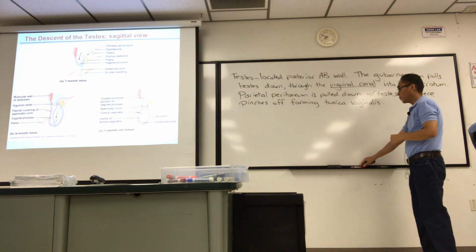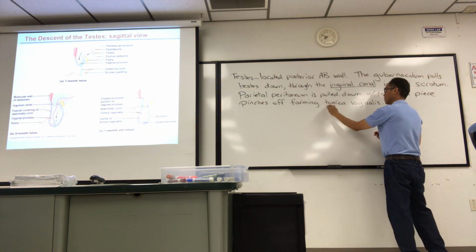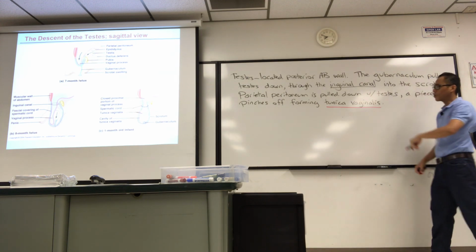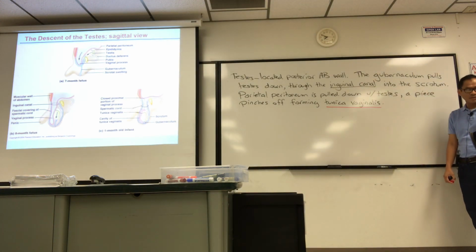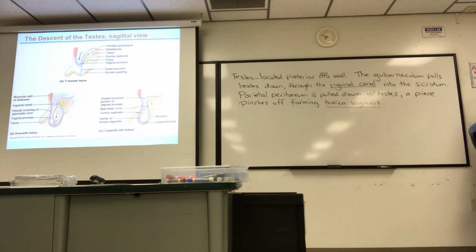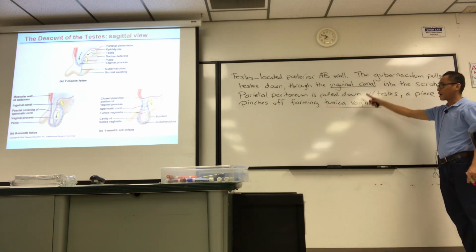So what we learned is, men have a vagina too. Tunica vaginalis. Vagina is a word that means sheath. Okay, so this is a sheath that covers the testes. And so another anatomy thing is inguinal canal, tunica vaginalis.